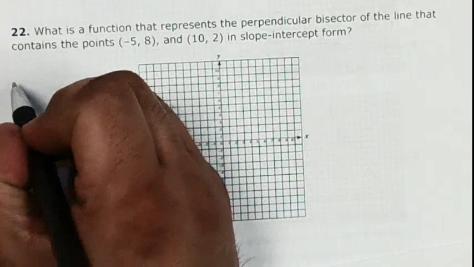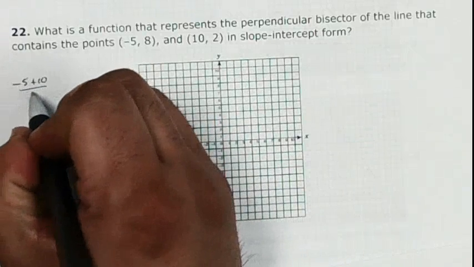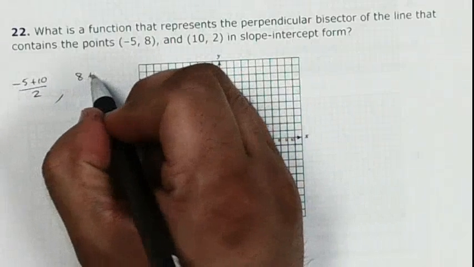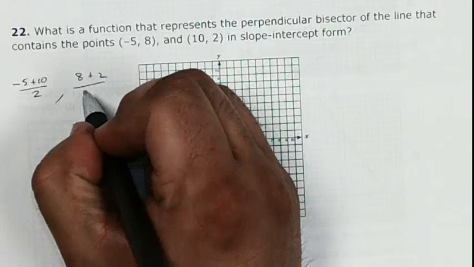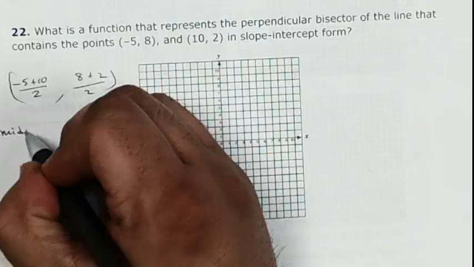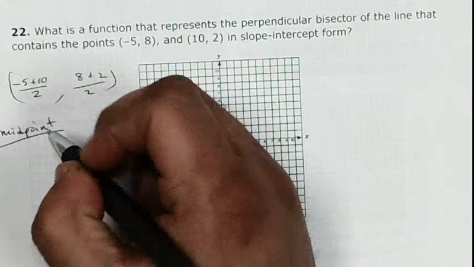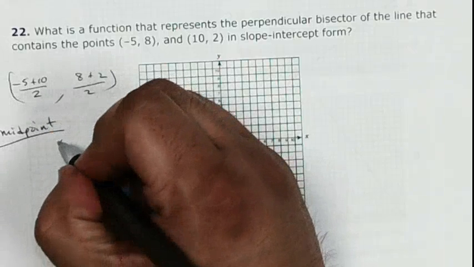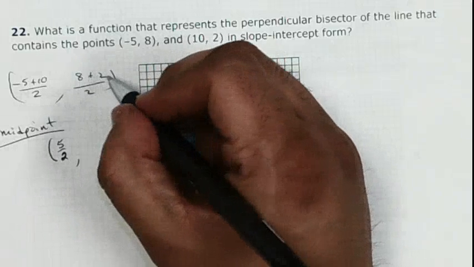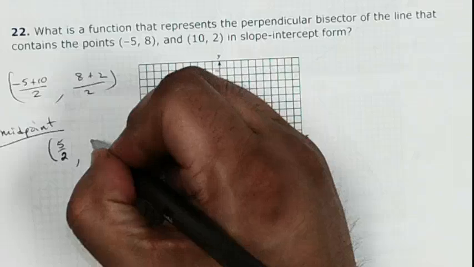So I'm going to take my x's, negative 5 plus 10, divide by 2. For my y's, it's going to be 8 plus 2, divide by 2. So when I simplify that, my midpoint is going to be 5 over 2, and for the y, 8 plus 2 is 10, 10 divided by 2 is just 5.